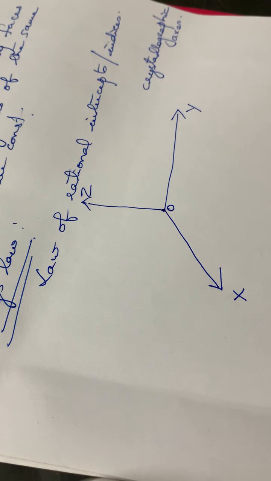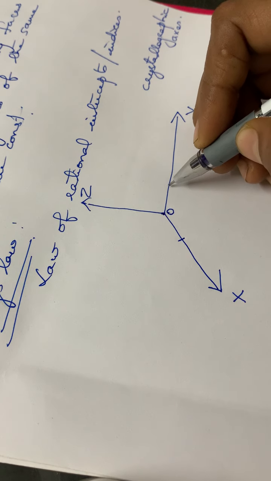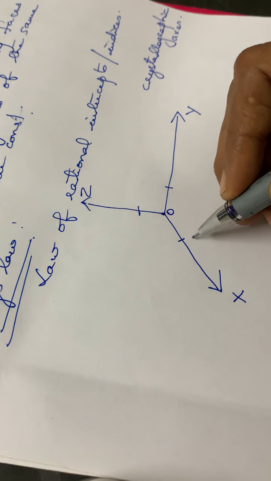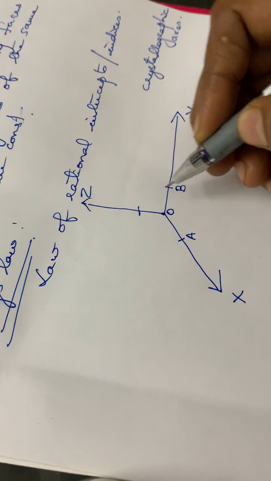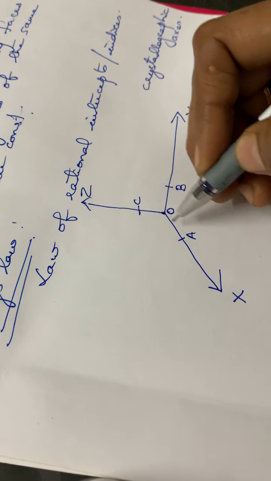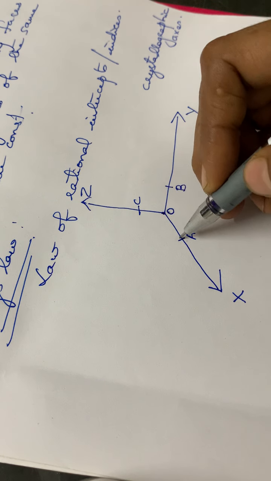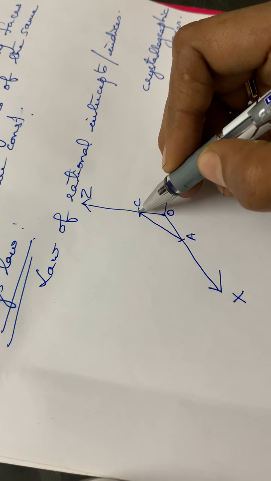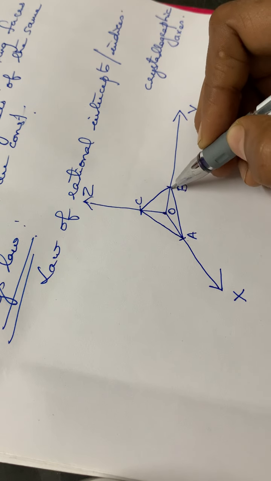And let us consider we can draw three unit intercepts. Suppose these are the three unit intercepts cutting these three axes. Let them be capital letters A, B and C. So these three are the unit intercepts which cut these axes. We can join these three, A, B and C, like this.